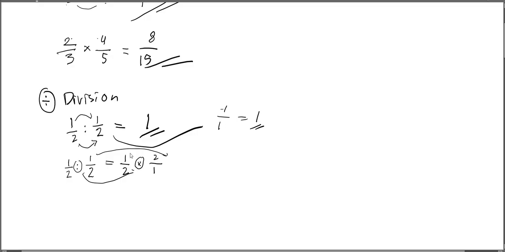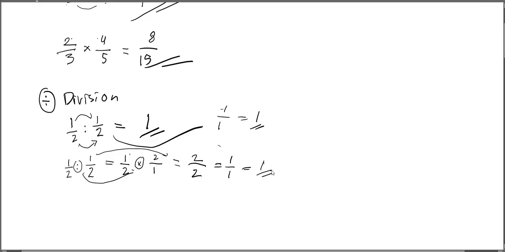So we got 1 times 2 equals 2, 2 times 1 equals 2. Means 1 per 1 equals 1.